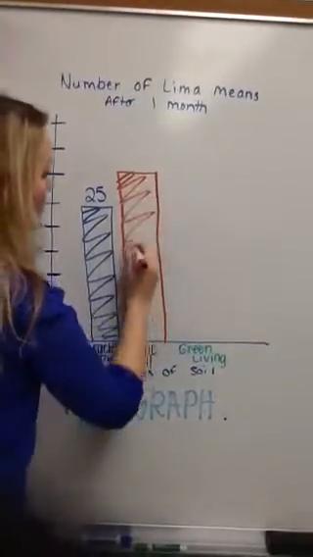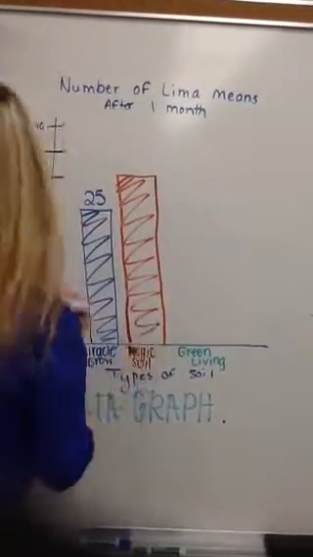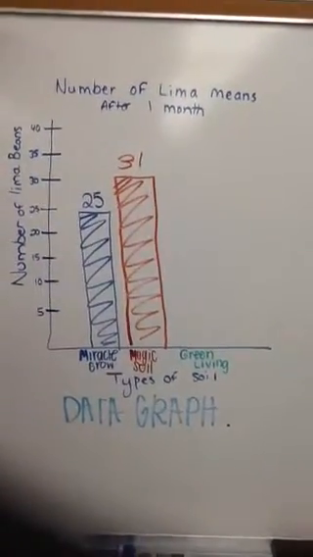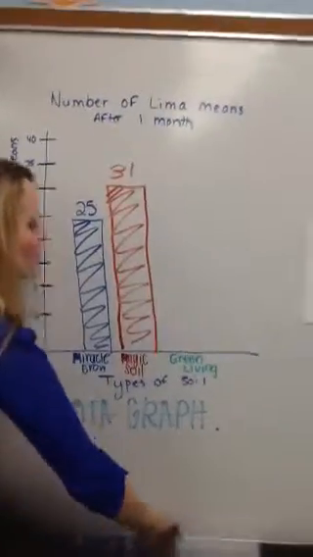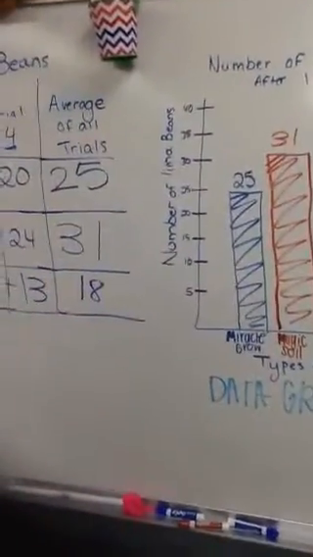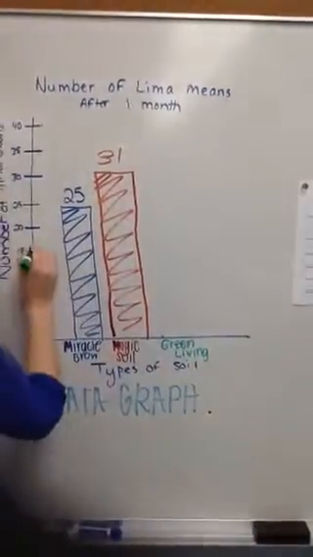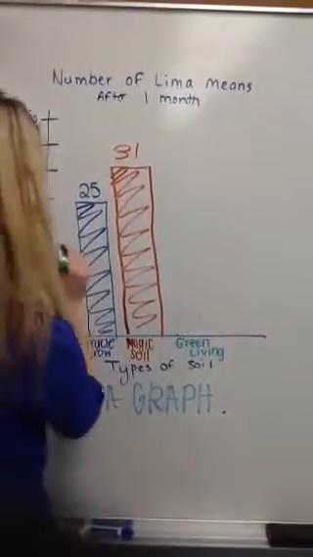I'm going to quickly fill in that bar and write the average on top. Next, for Green Living soil, our average total number of beans that were grown is about 18.